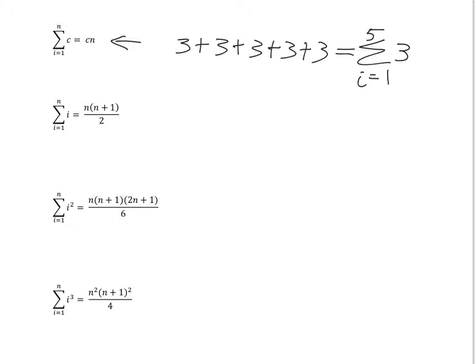We have 5 terms of the constant 3, and as I said, that's the definition of multiplying. We would take 3 times 5, and hopefully you know that's equal to 15. If you need to, pull out your calculators. Oh, you better not need to. But the constant times the number of numbers, and that's the formula we'll be using for the summation of a constant.